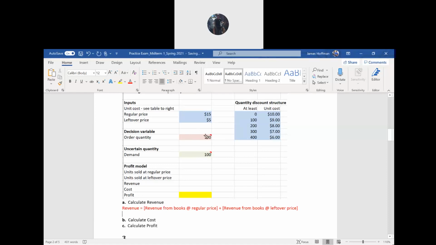Okay? So if this number was bigger than this, the difference would be sold at leftover price because demand wasn't high enough. In this case, order quantity is 100. We ordered 100. We did it perfectly. And so we're going to sell all the books at regular price and nothing at leftover price because all the books were bought.